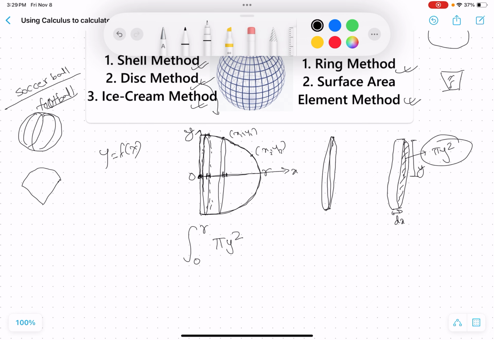This is the volume element, and we add all these circles with small gaps. All these small volumes are added, and in total we get the entire volume of the half sphere. So this is the disk method.